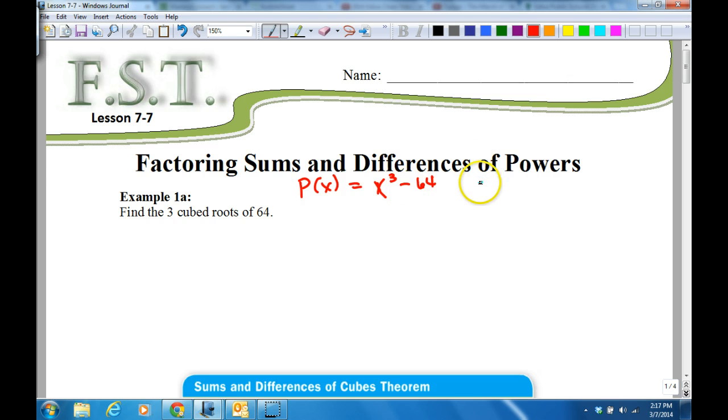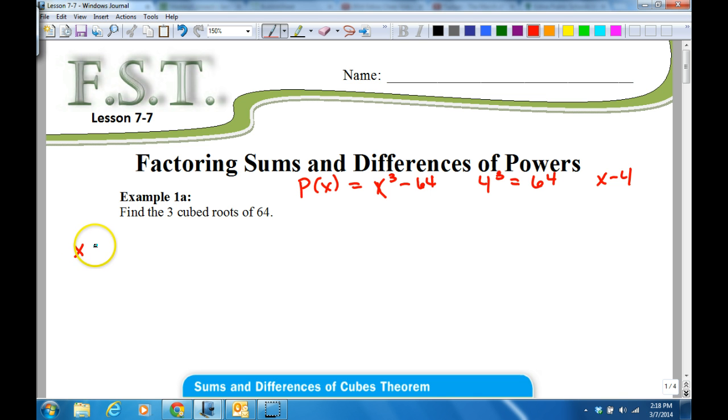We know that 4 to the third power happens to be 64, okay? So we can assume that x minus 4 is a factor. Yep, 4 to the third power equals 64. So that being the case, I'm going to find the other roots, or the other factors.